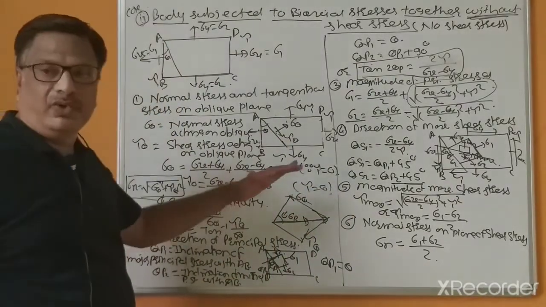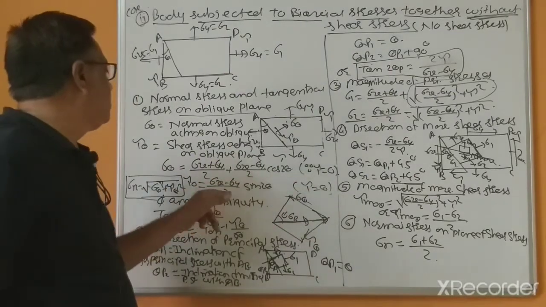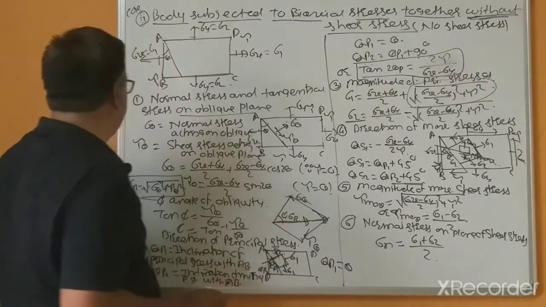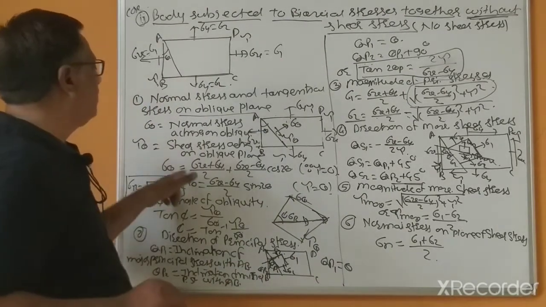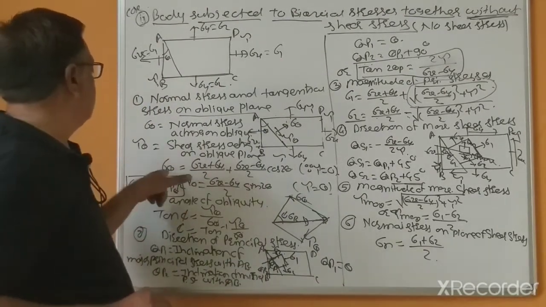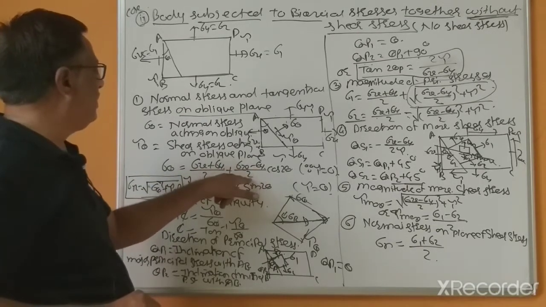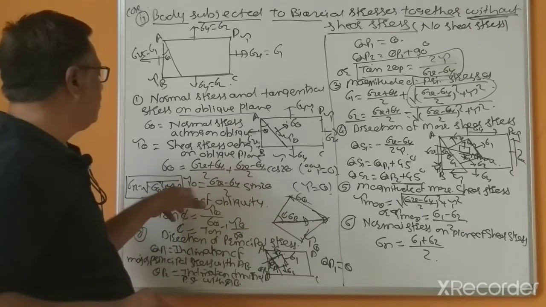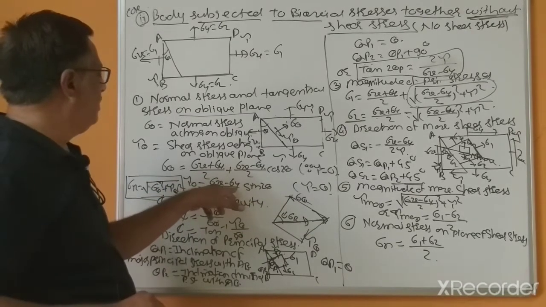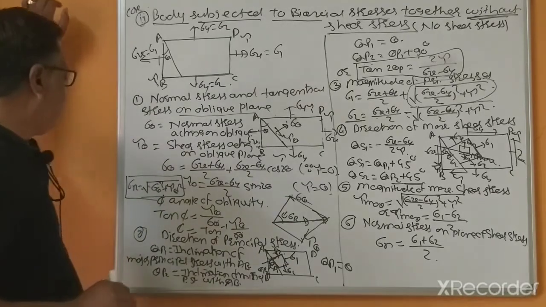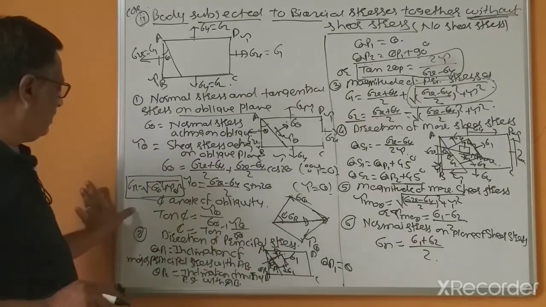Only we have to put 0 instead of tau. So that's why sigma theta equals sigma x plus sigma y divided by 2, plus sigma x minus sigma y divided by 2 cos 2 theta, and tau theta equals sigma x minus sigma y divided by 2 sine 2 theta. Now the angle of obliquity is the same.